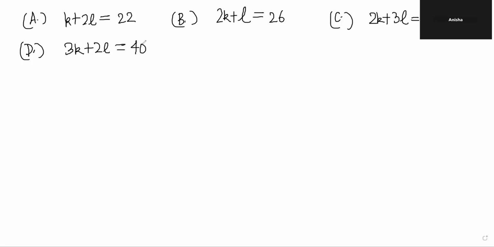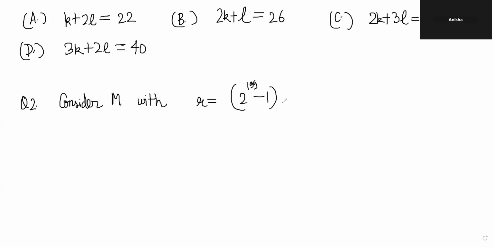And the second question for the paragraph is, consider M with R equal to (2 power 199 minus 1) times root 2 divided by 2 power 198.